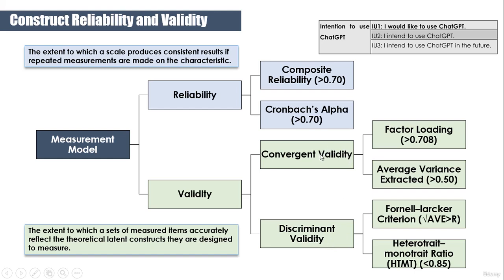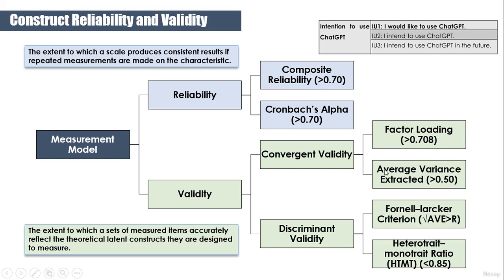At first, convergent validity. For determining convergent validity, we have to use factor loading, also called item loading, or the outer loadings in PLS-SEM. It should be greater than 0.708. It is 0.708 because if you square it, it will be 50%. That means at least 0.708 factor loading should be there.